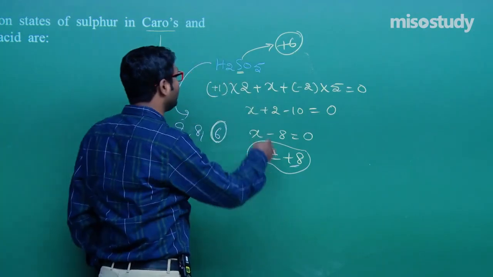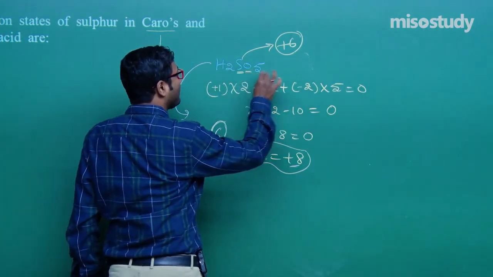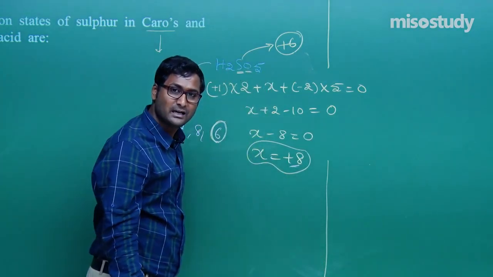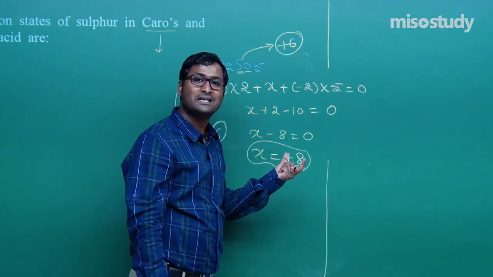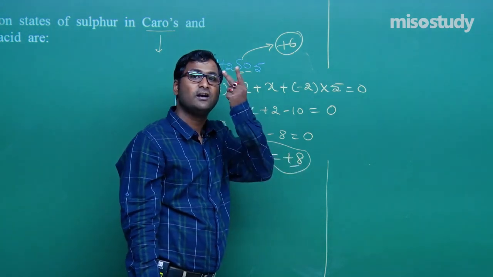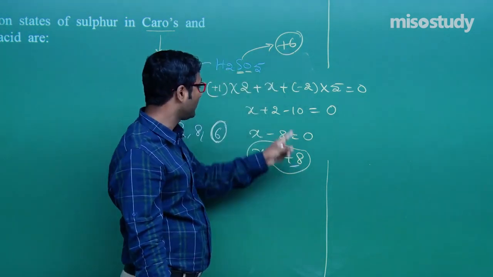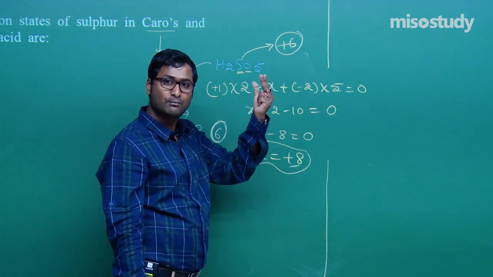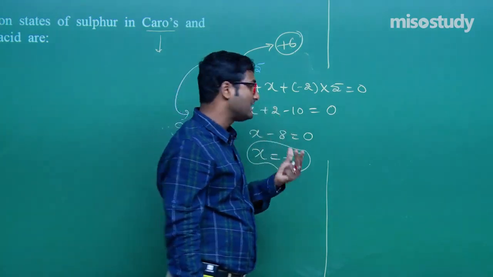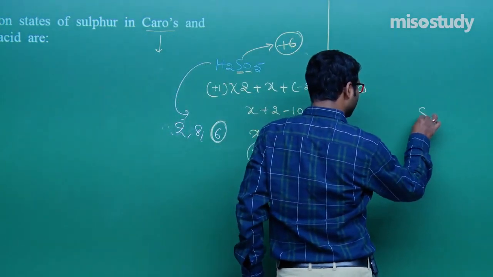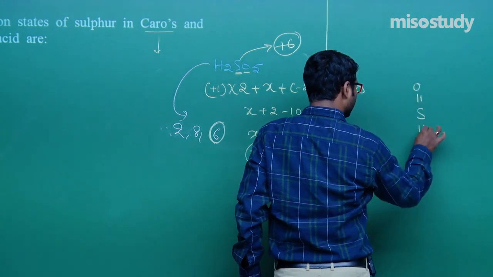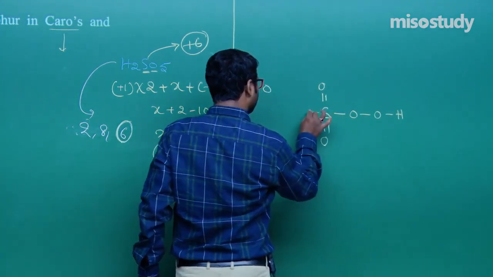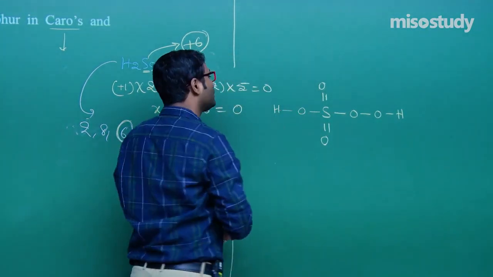So definitely there is a peroxy linkage in H2SO5. Clear to you? So one peroxy linkage is there, that is the involvement of 2 oxygens, because the difference of the 2 oxidation states, 8 and 6, is a difference of 2. So one peroxy linkage is there. So what is the structure? This one, this one, this one, this one, then this one, then this one, then this one. Now check it out.